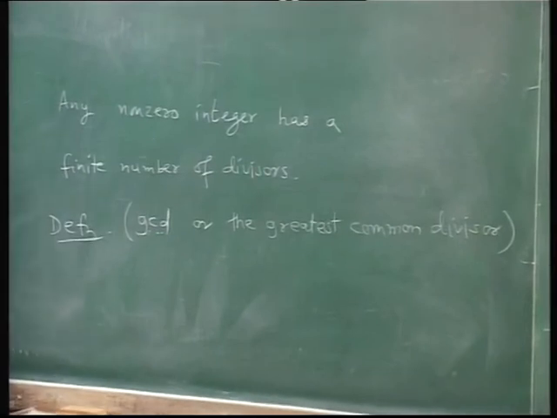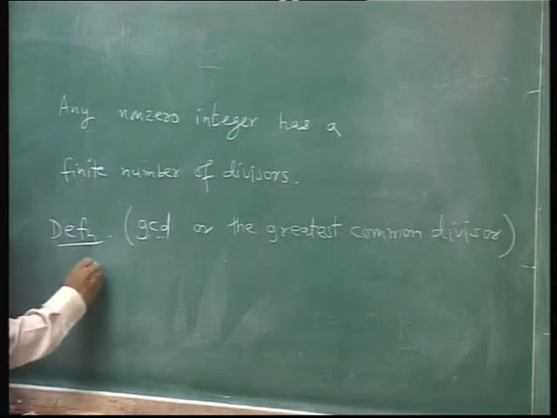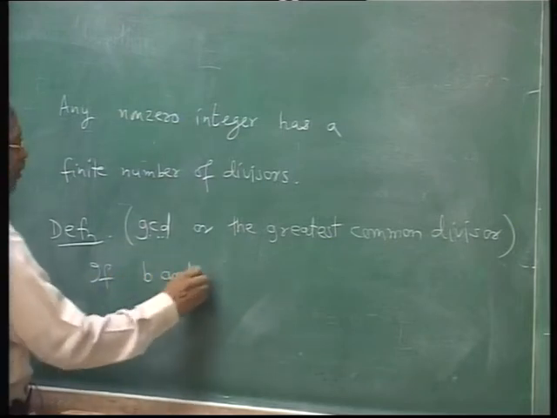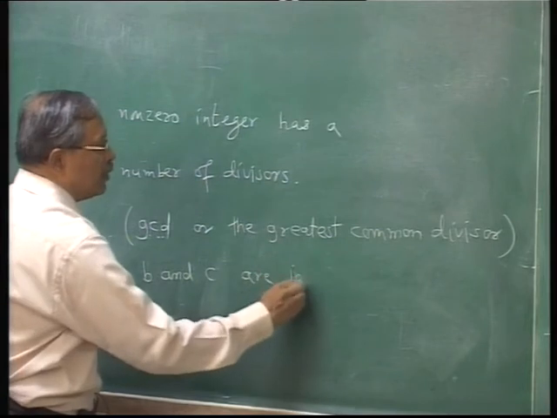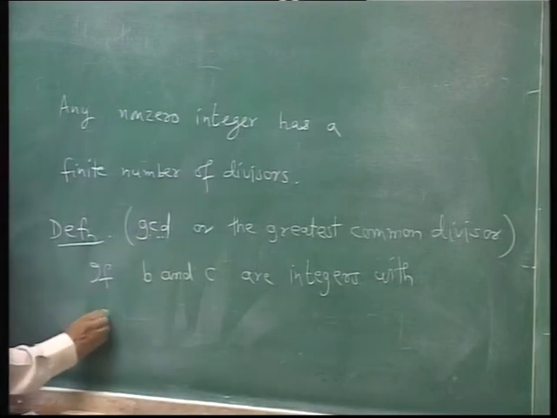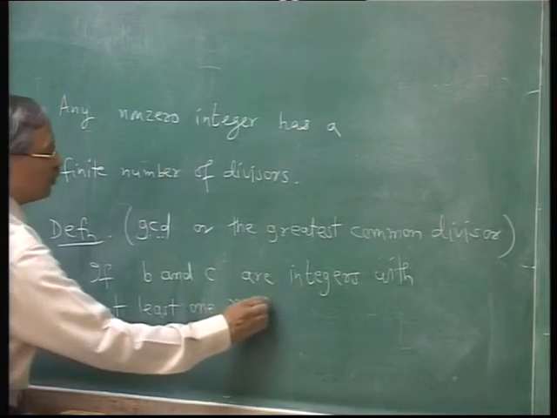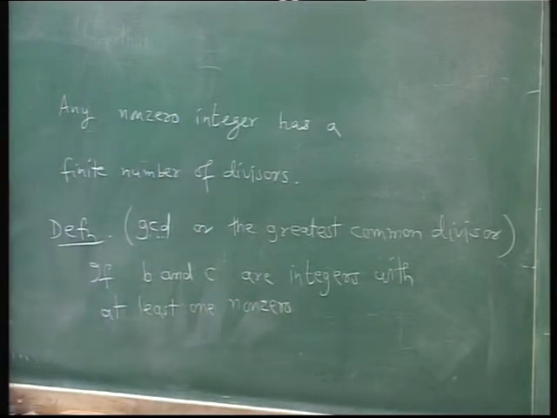So if B and C are integers with at least one non-zero, at least one of them is non-zero, then there will be finitely many common divisors, because the one which is non-zero will have finitely many divisors.